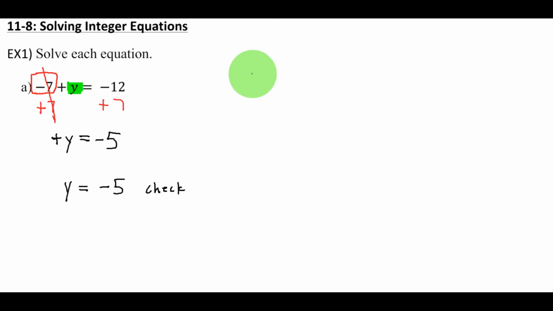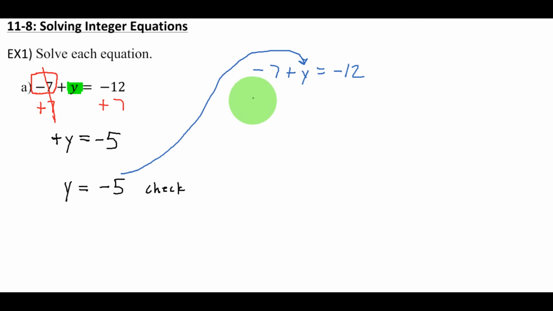I'm going to rewrite that over here. -7 plus y is equal to -12. That was the original equation. Now I'm going to substitute -5 in for y here. So grab a new color. I'm going to take -7, and now we're going to add -5 to it.